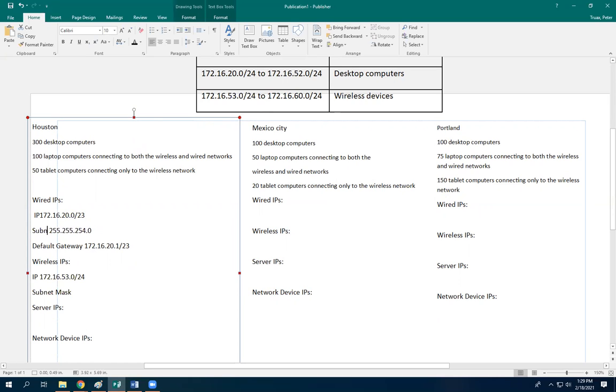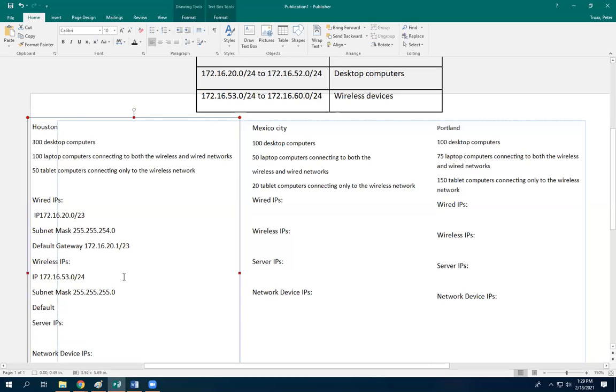I mean subnet mask instead. So what's the subnet mask on this one? 255.255.255.0. Correct. You guys are getting it. You're getting there.